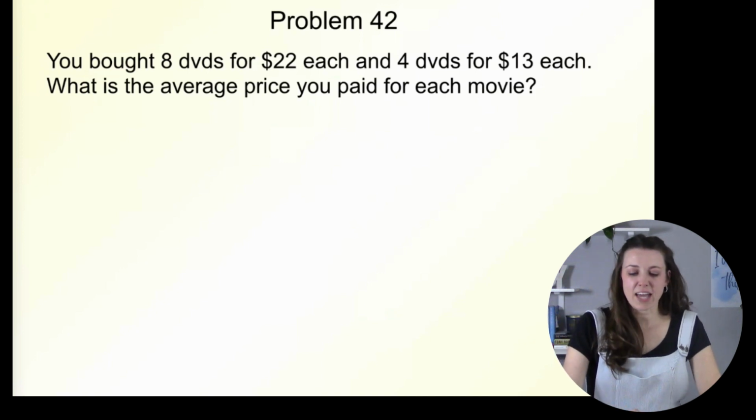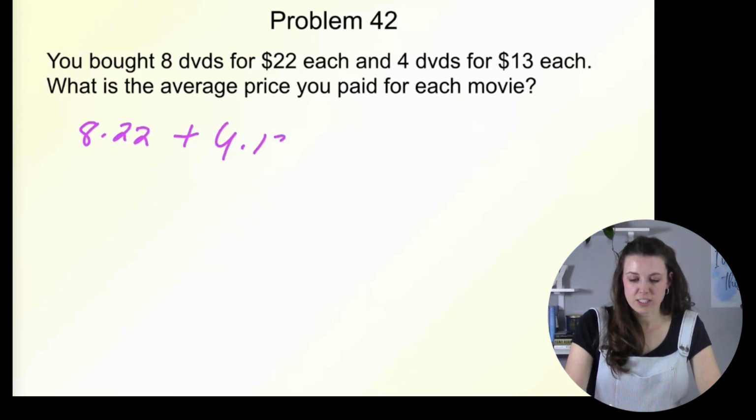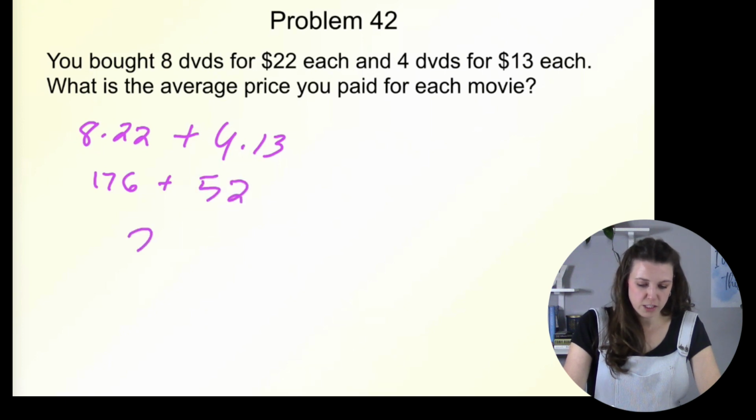Okay, all right. So we have here 8 times 22 plus 4 times 13, right? And we're trying to find the average, but we need to figure out how much total we've spent first. So 8 times 22 is 176 plus 4 times 13 is 52. If we add those together, we get 228.